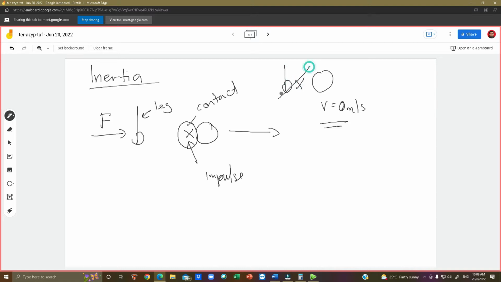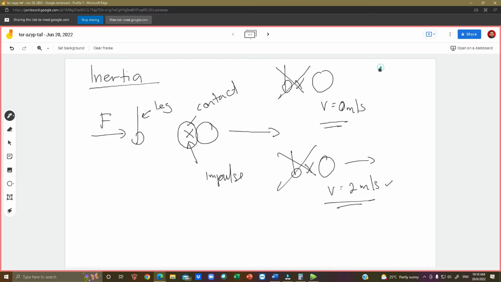So if there is no force acted upon the system, inertia says that if the object does not move, it won't move. If the object is in motion, if we neglect resistance, this ball is going to keep moving with the same velocity unless there is force acted upon the system. Tapi kalau tak ada force, kalau dia bergerak, dia akan bergerak pada kelajuan yang sama. If the object does not move, it will remain unmovable.